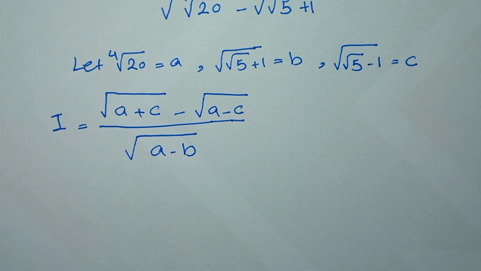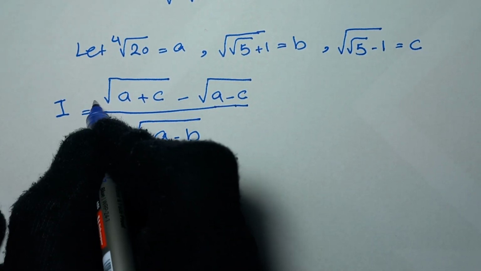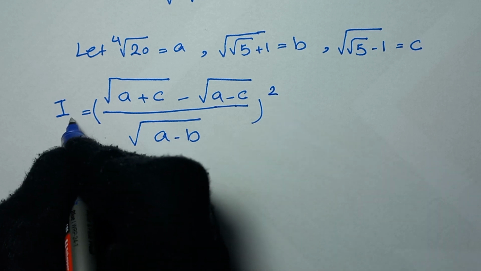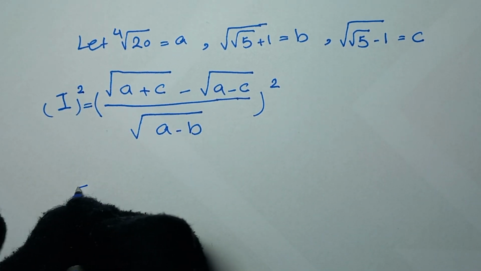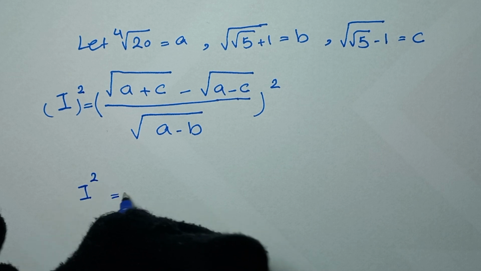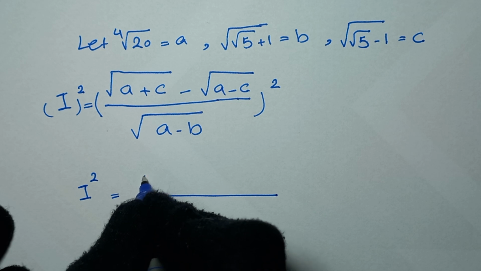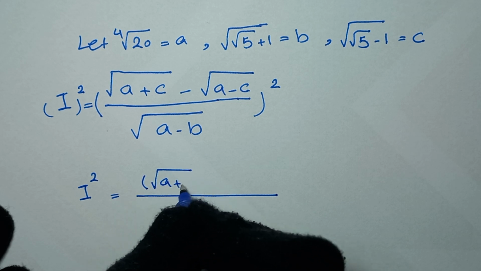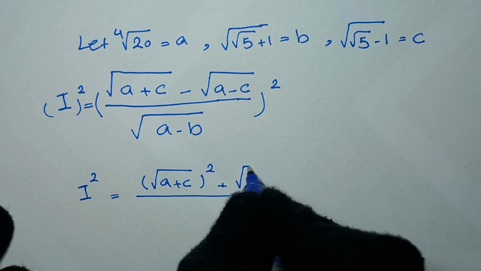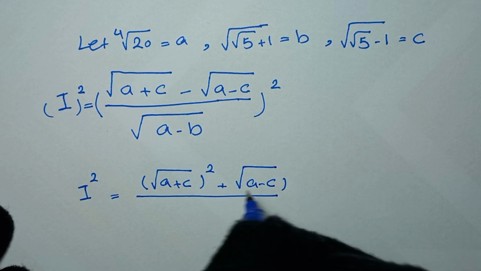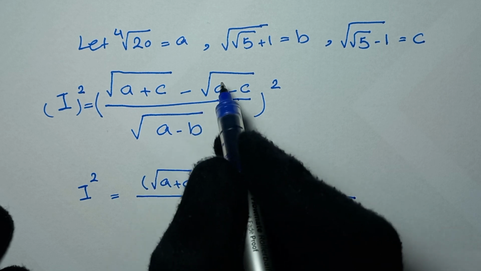And in the next step, we square both sides of this equation, and it will be this to the power of 2 and this to the power of 2. So, I square is equal to square root of a plus c to the power of 2, plus square root of a minus c to the power of 2, and minus 2 times this times this.